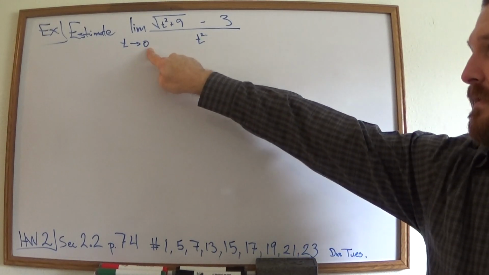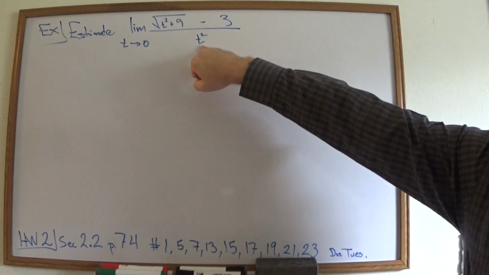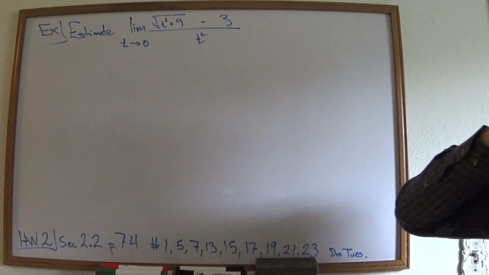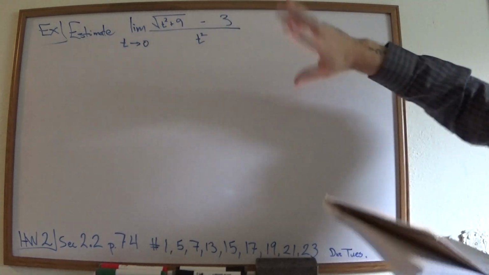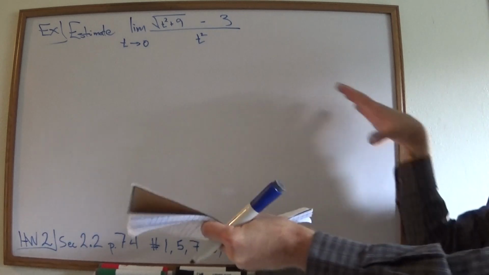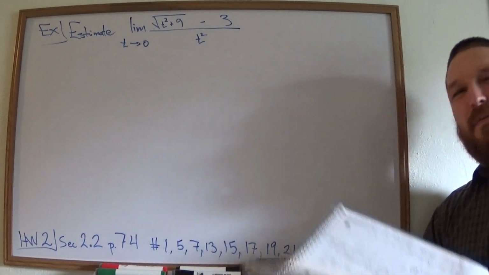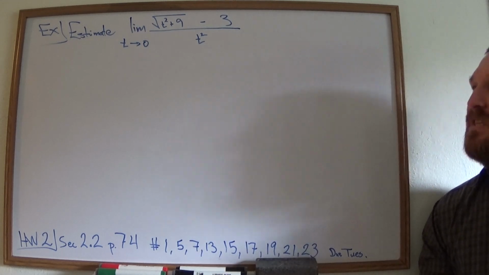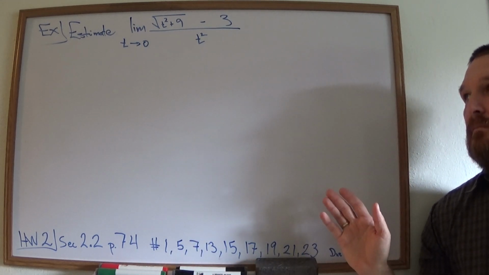You have t going to 0. There's the t in the denominator. If you just plugged in a 0, it would blow up. And we could do some algebraic manipulation, the same way I did with the h, and then cancel it. But that wasn't satisfying yesterday. You were like, well, you still can't do that. This will help convince you that you can.